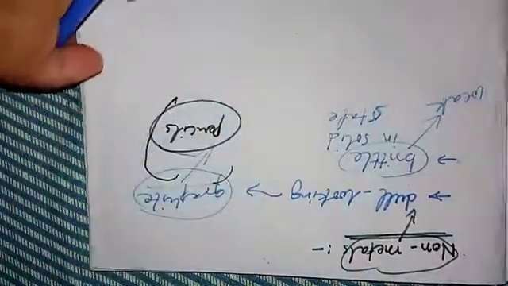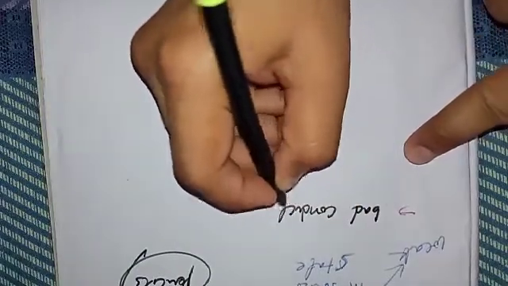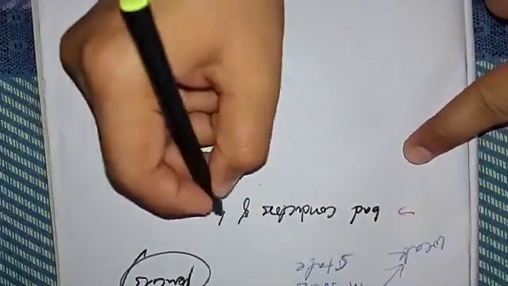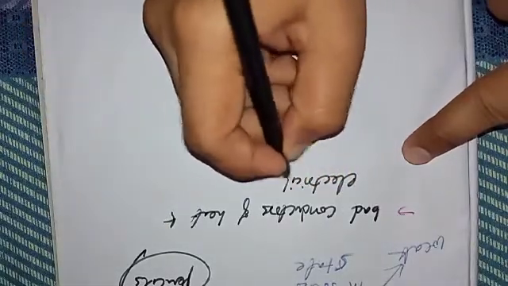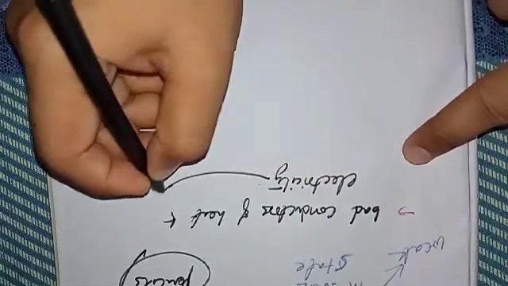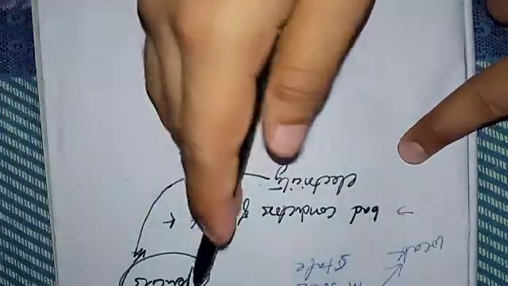It breaks easily. They are bad conductors of heat and electricity. The only exception is graphite. It conducts electricity and it's lustrous in nature.